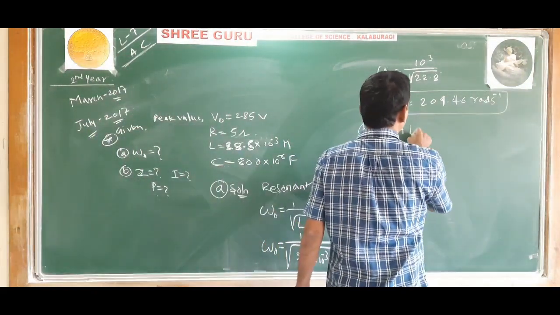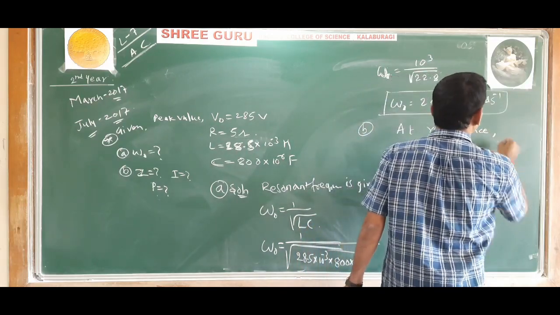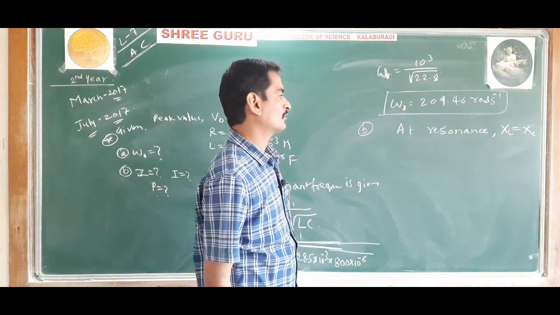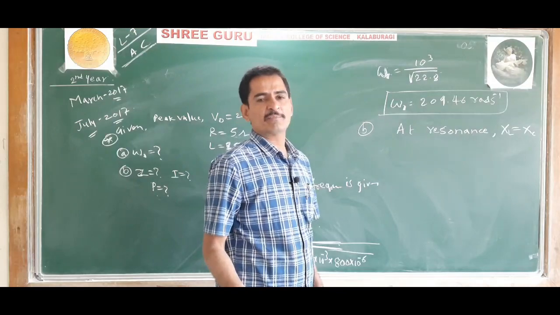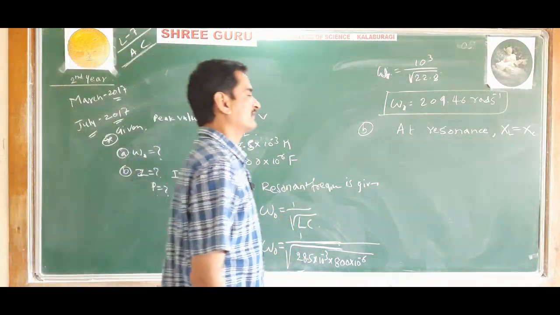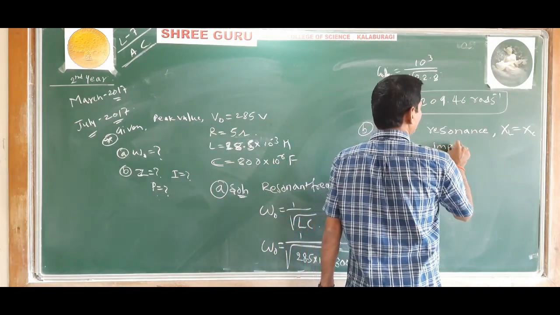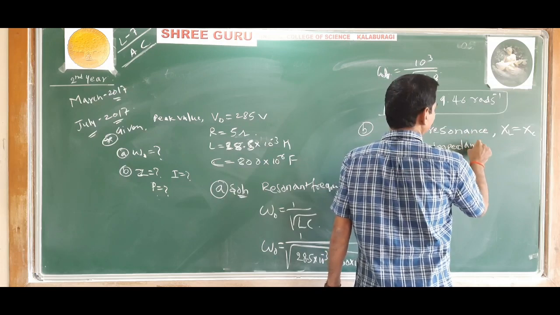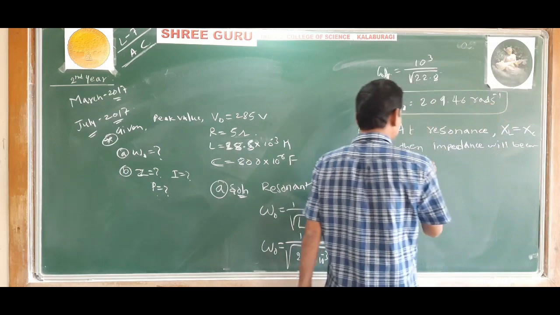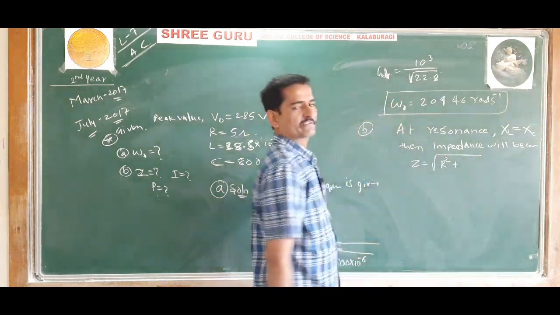So at resonance, XL will be equal to XC, we know that. And current is maximum and impedance is minimum. Then impedance Z is equal to under root of R square plus XL minus XC whole square.